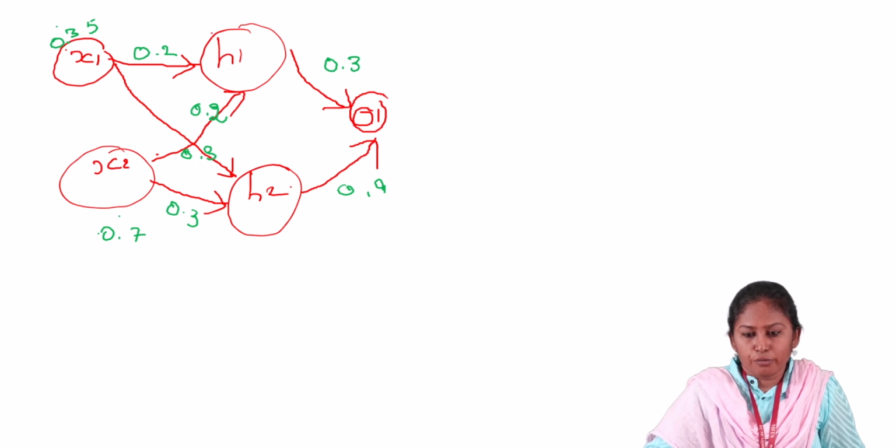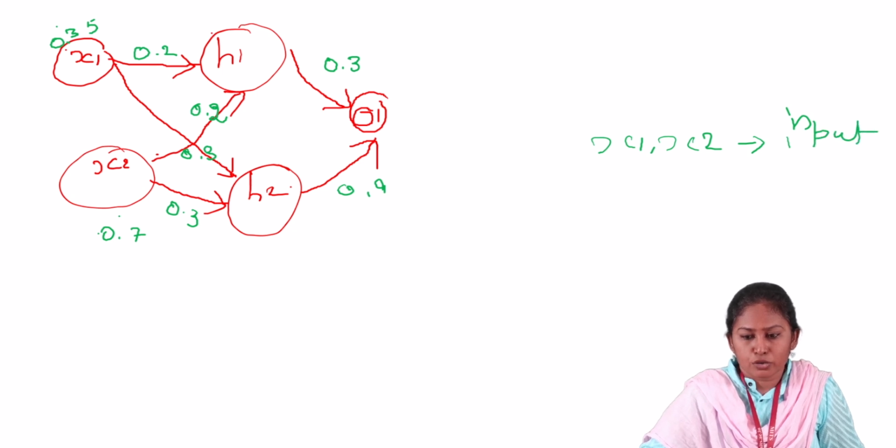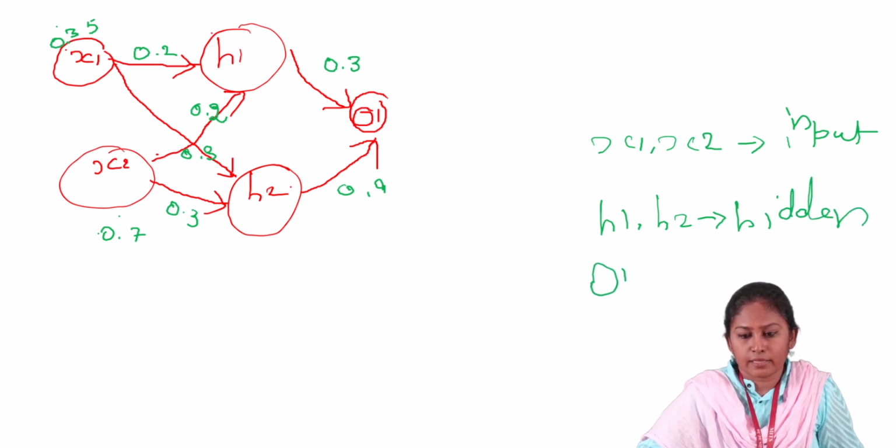Now X1, X2 are the input neurons. Whatever input we are passing goes through X1 and X2. H1, H2 are the hidden layer neurons, and O1 is the output neuron.